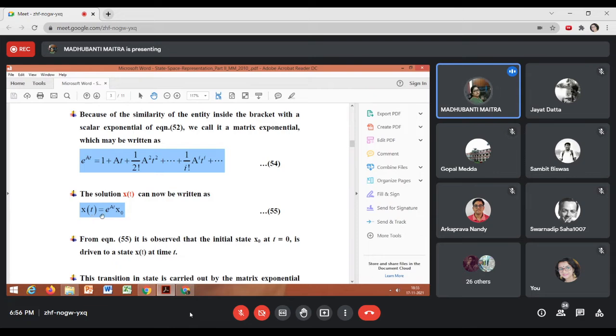Okay, so this operator, which is nothing but a matrix exponential, is actually instrumental in transferring the initial state of the system to any state at time t is equal to t. You get my point?